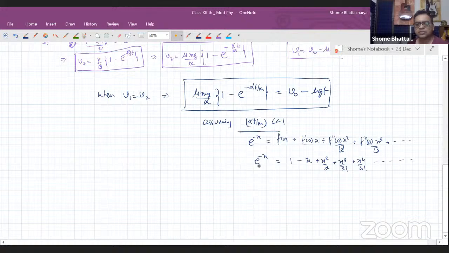So assuming this is small, we can approximate this as 1 minus x.